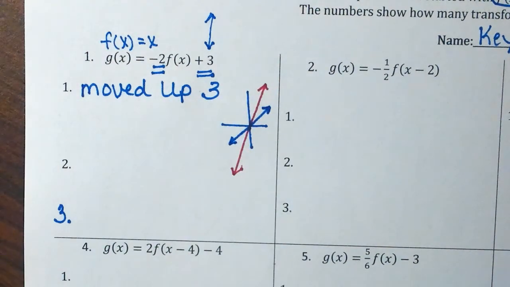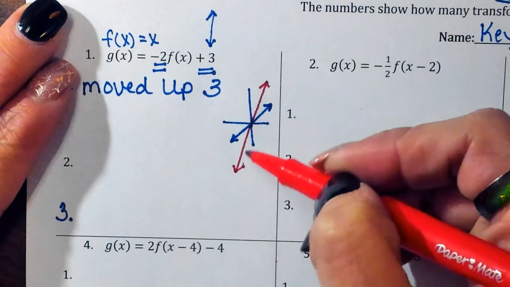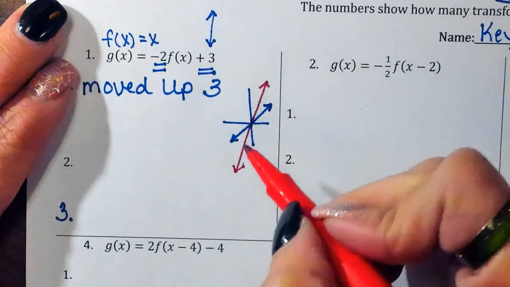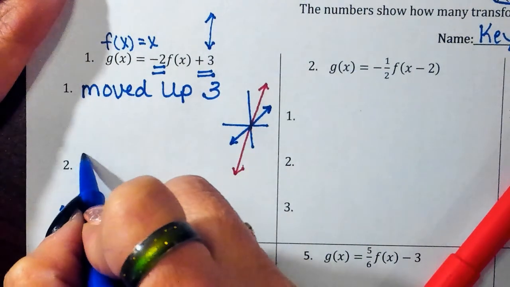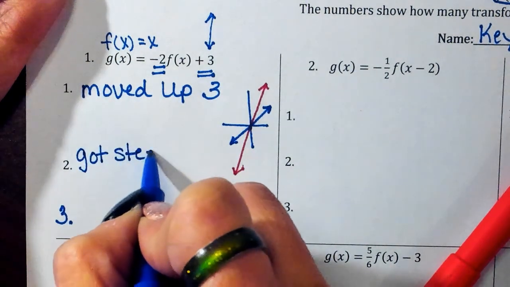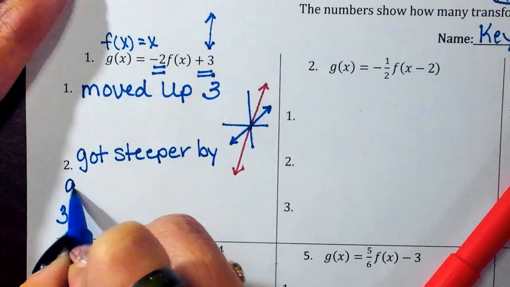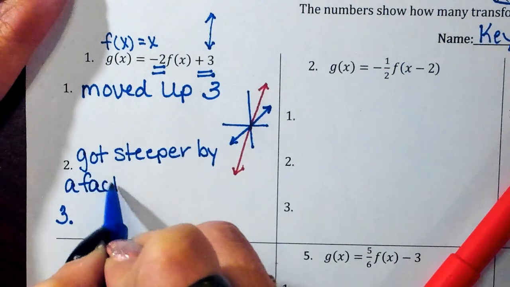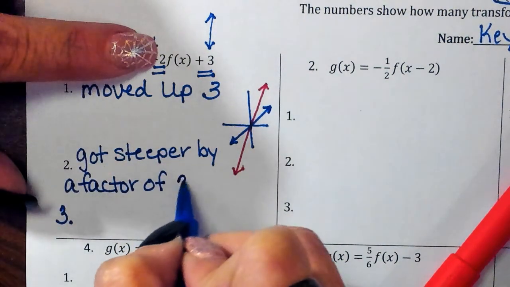If I'm a snow skier, this is pretty steep right here, isn't it? That is a steep hill. It's not near as easy as the parent function was. So I'm going to say that it got steeper by a factor of, and I look, it's a factor of 2.